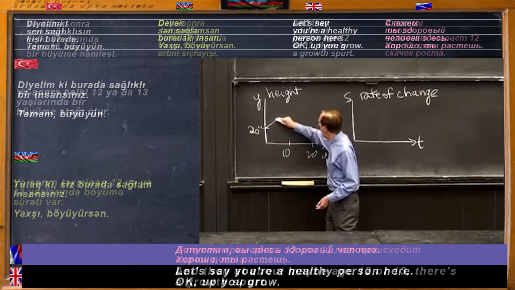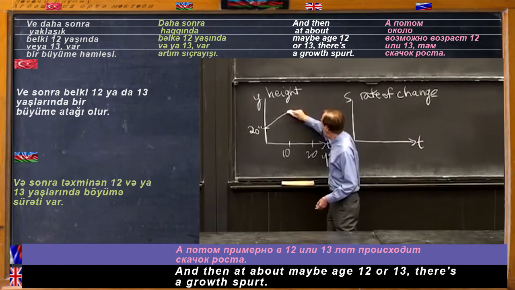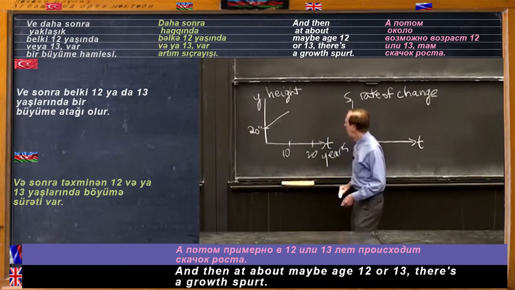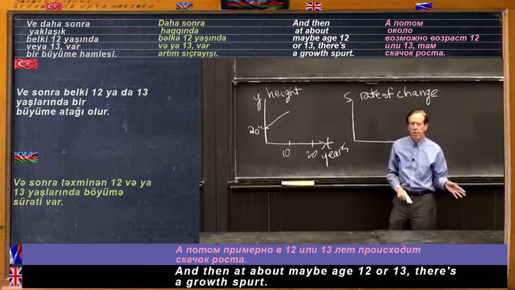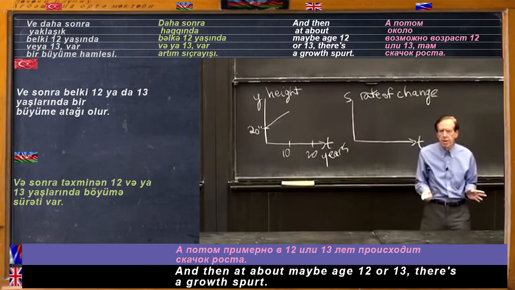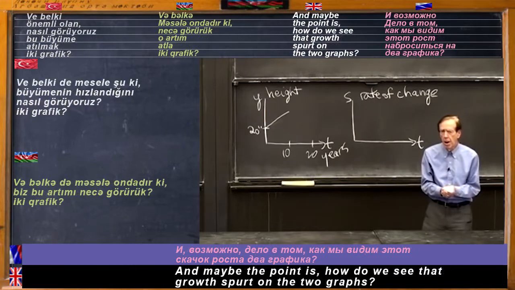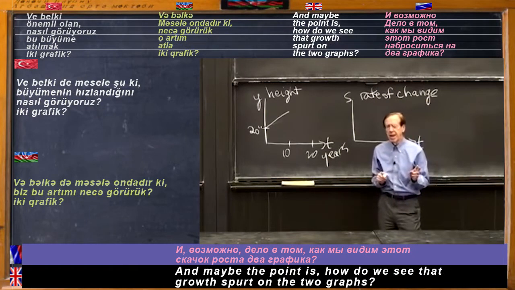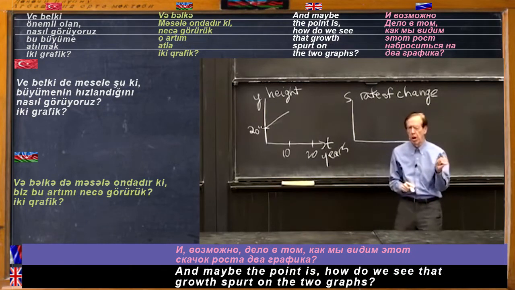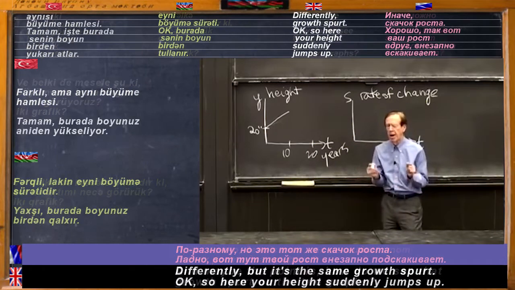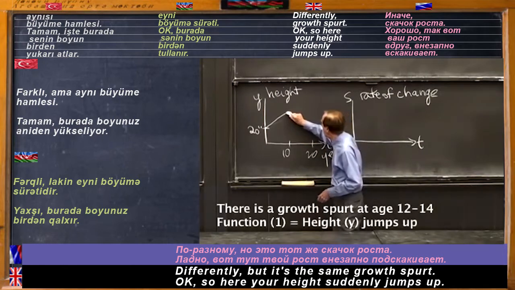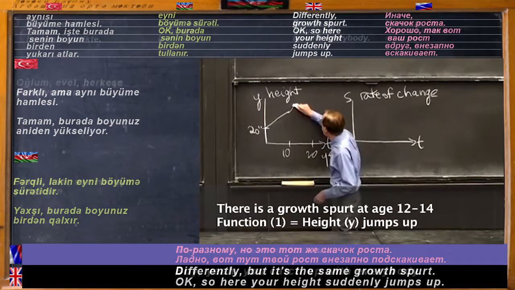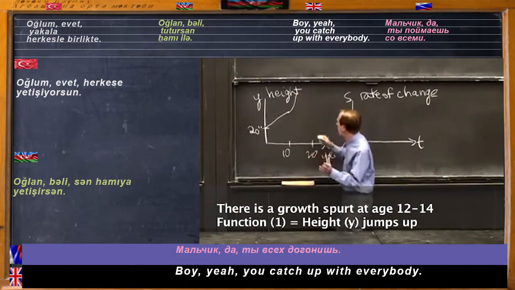Up you grow. And then at about maybe age 12 or 13, there's a growth spurt. And maybe the point is, how do we see that growth spurt on the two graphs? Differently, but it's the same growth spurt. So here your height suddenly jumps up. Boy, you catch up with everybody.